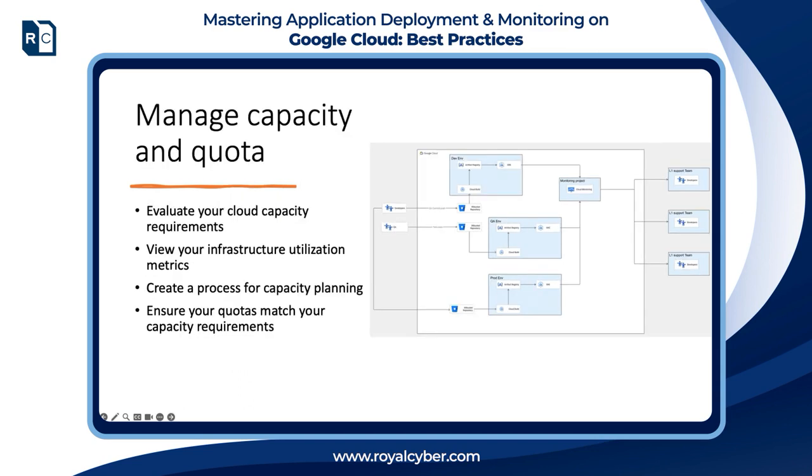The other aspect of this was to manage the capacity and the quota. One thing a lot of businesses tend to find challenging is understanding what capacity and quota they need to adhere to in order to run their workloads in a more optimized fashion.